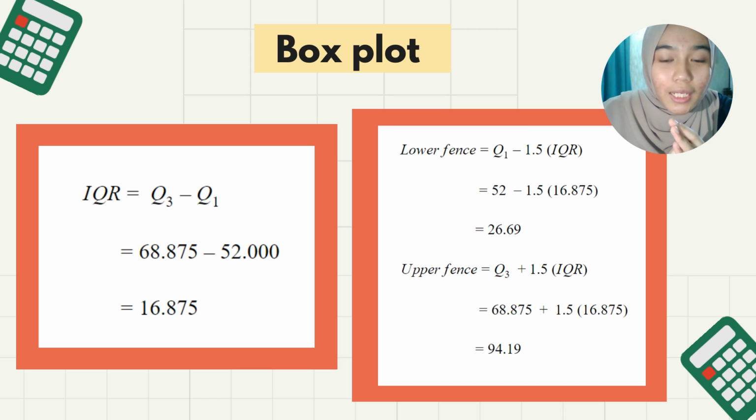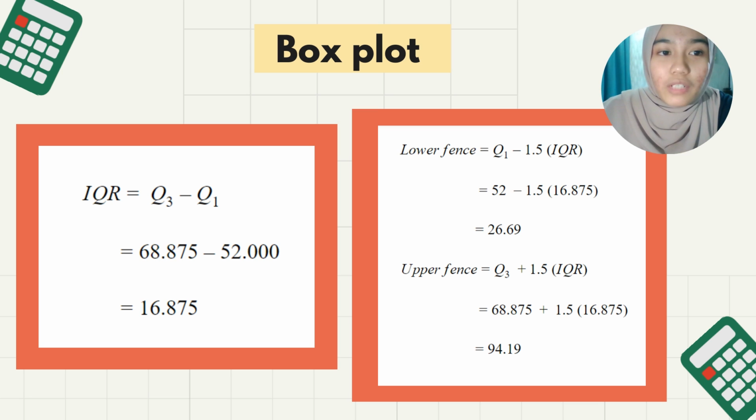And to detect the outliers, we have to calculate the lower fence and the upper fence. First of all, we need to calculate the interquartile range. The formula is Q3 minus Q1, and the answer for the interquartile range is 16.875.